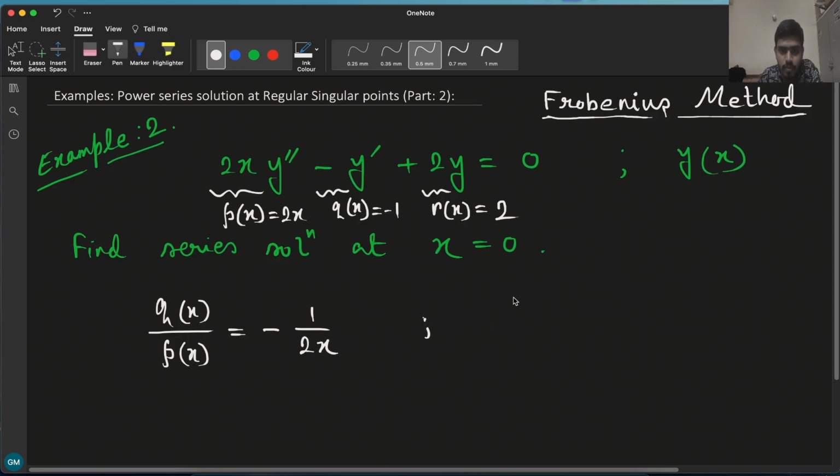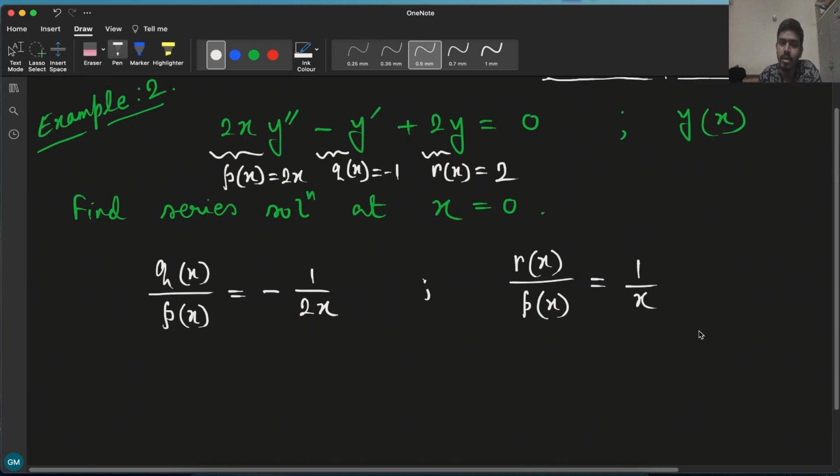Similarly, rx divided by px equals 2 by 2x, that is 1 by x, and again it is not analytic at x equals 0, because the limit will diverge. Analytic means a finite limit exists.